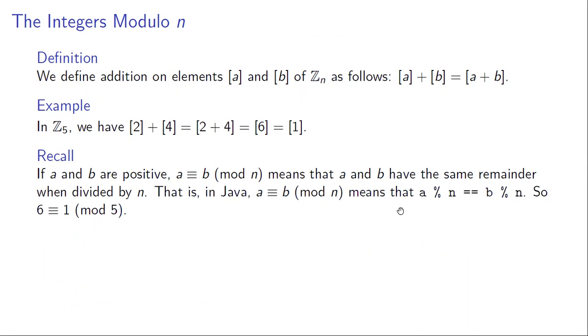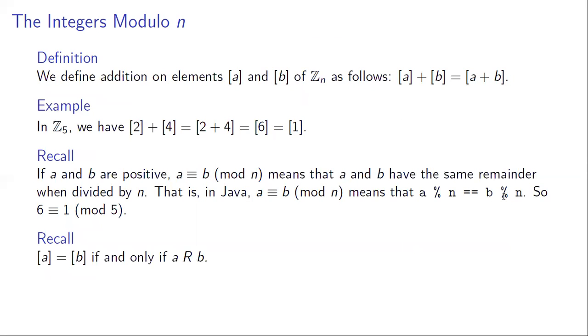In other words, in Java, A is congruent to B mod n means that A mod n equals B mod n. Therefore, 6 is congruent to 1 mod 5. Why? Because 6 mod 5 equals 1 mod 5.